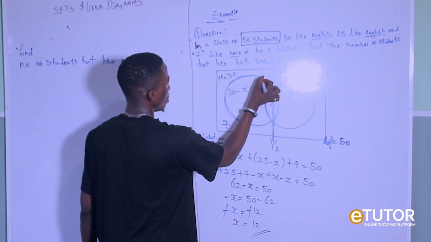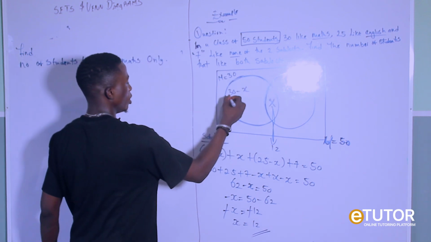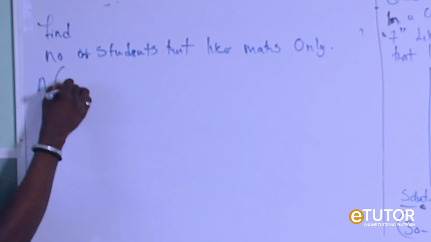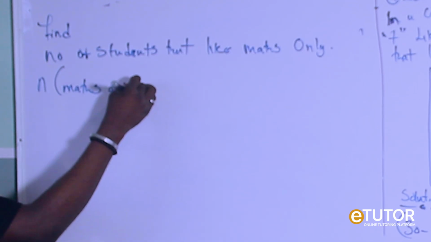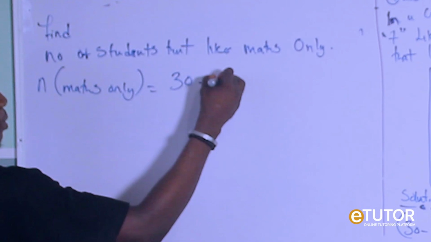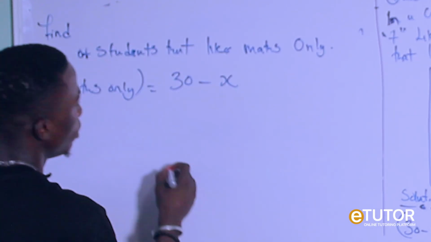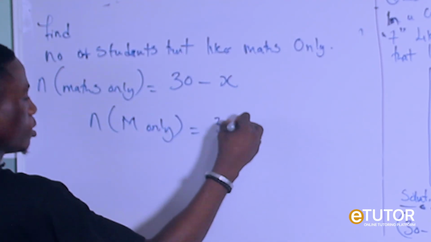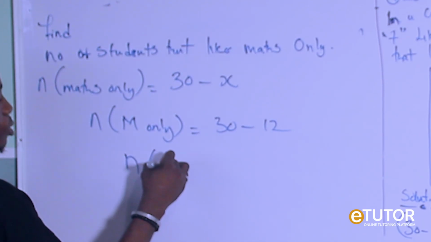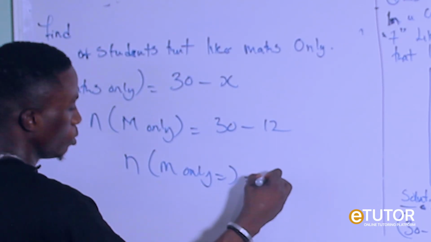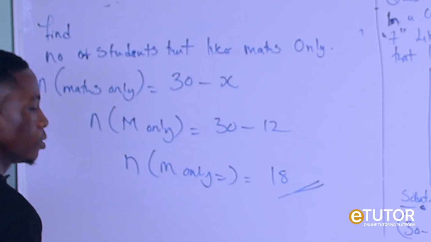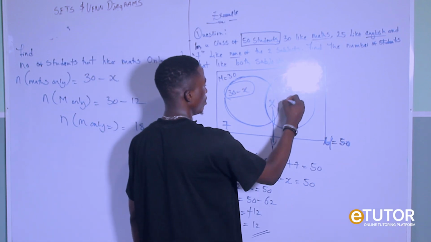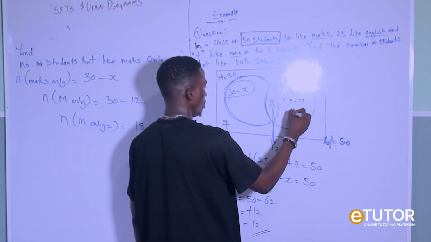From here to here is the portion. And what is the equation in it? 30 minus x. So n of maths only is equal to 30 minus x, and the value of x is 12, so 30 minus 12 gives 18. If you're also asked to find the number of students that like English only, that is just 25 minus 12, which gives 13.